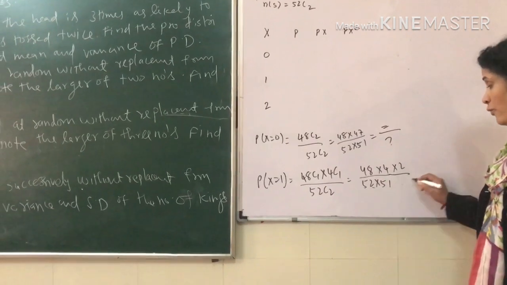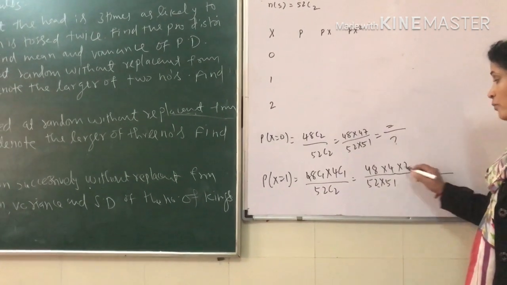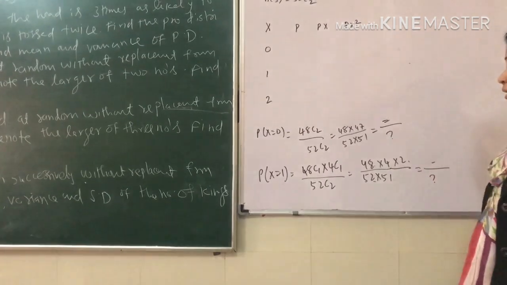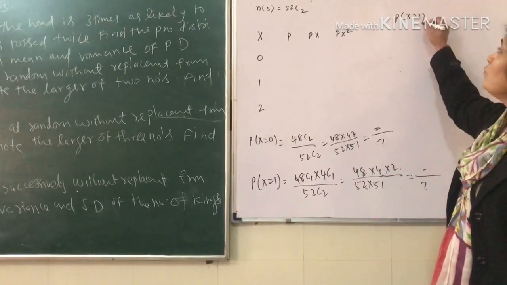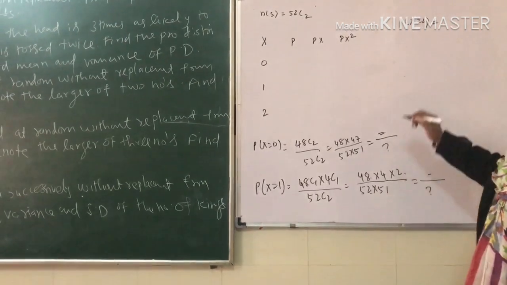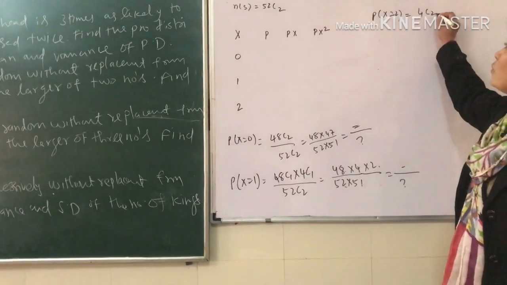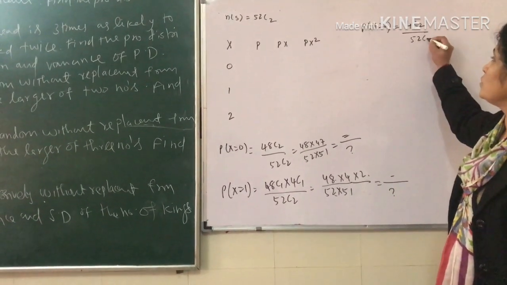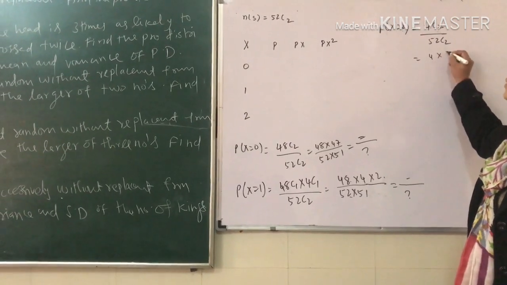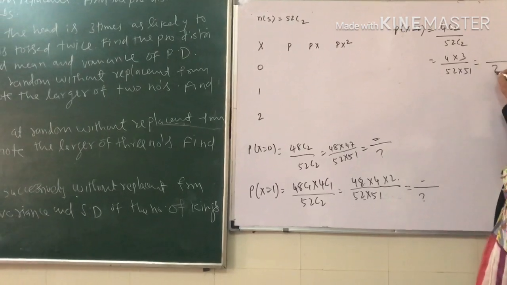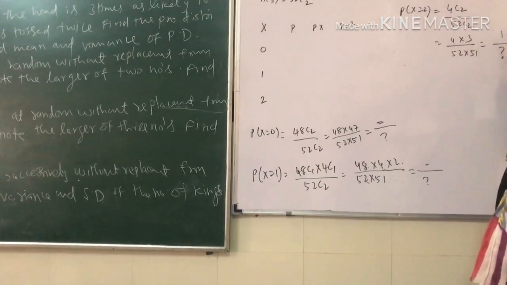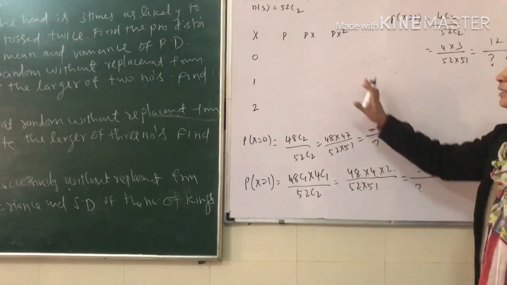Now 52 into 51, keep it constant, then multiply. Now probability of x is equal to 2 means out of 2 cards both are kings. So that means we have 4C2 upon 52C2. Now this is also 4 into 3 upon 52 into 51. Then keep the value constant here, 4 into 3 is 12. Then add it, you will get it.